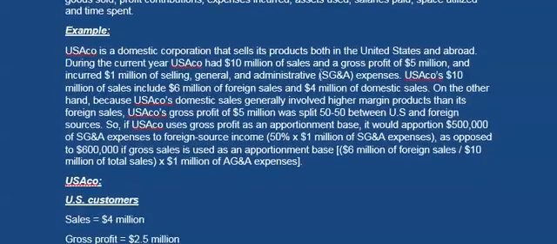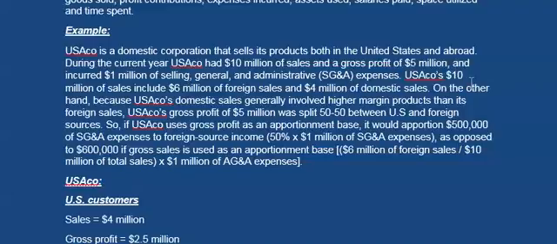USA Corporation is a domestic corporation that sells its products both in the United States and abroad. During the current year, USA Corporation had 10 million of sales and a gross profit of $5 million and incurred 1 million of selling, general and administrative expenses.